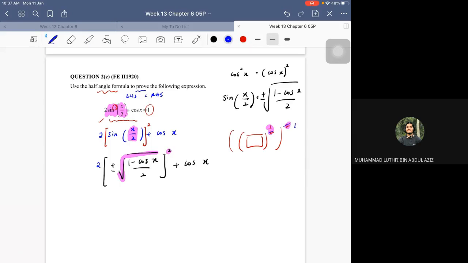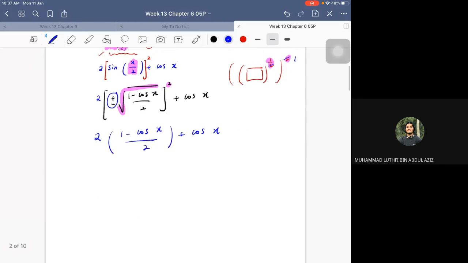So dia akan jadi kuasa 1. So that is why for this case bila kita simplify, yang ni pun akan hilang lah. Sebab kita tahu kalau positive square pun dia akan jadi square. Kalau negative square pun dia akan jadi positif. So mana-mana pun sama ada positif atau negative, it's going to be positive. So you akan end up dengan 2 darab dengan 1 tolak cos of X over 2 plus cos of X.